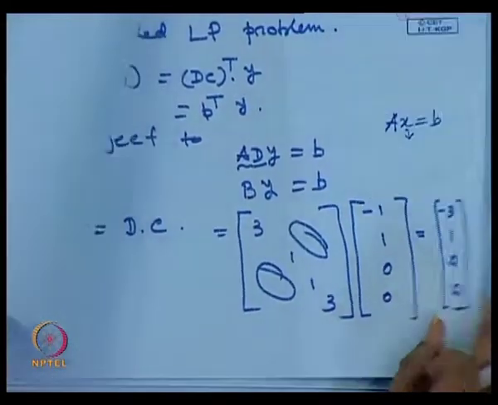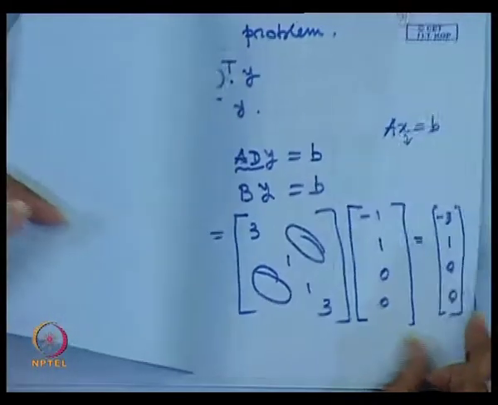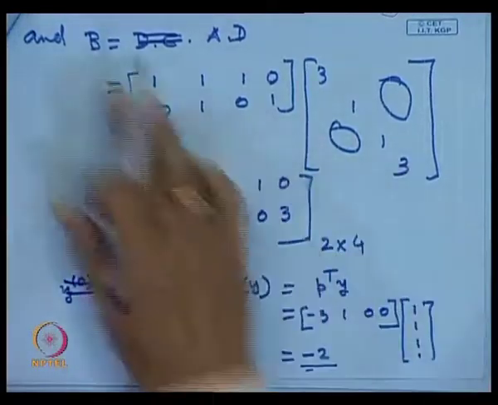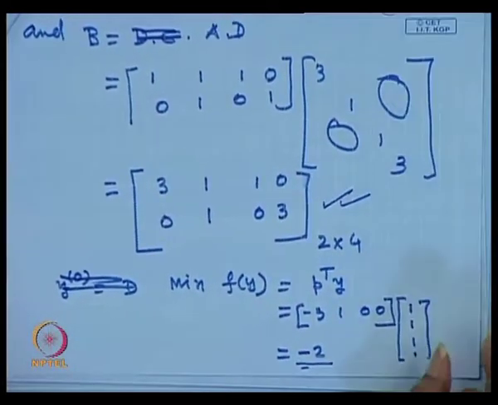I can easily compute B because I know A, I know D. So, this is our B. Now, once you know B, I am now in the new decision variables, that means y. The y, y superscript 0, is the initial interior point in the new decision variable coordinate axis.